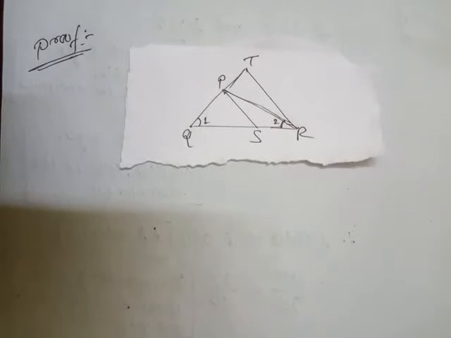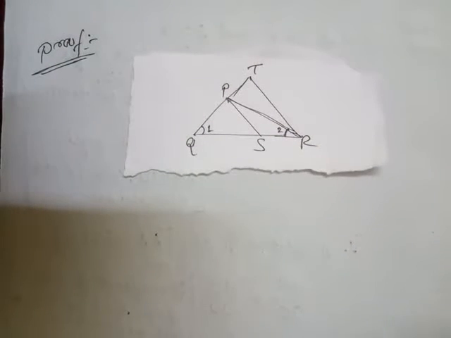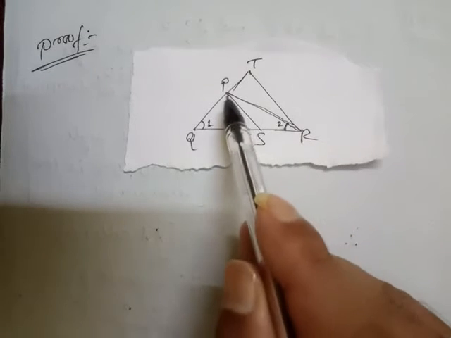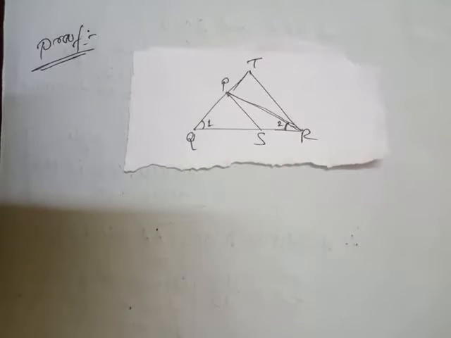Look student, this is the diagram which I have drawn on rough paper. Here angle 1 equals angle 2 is given, and this angle 1 and angle 2 are in triangle PQR.